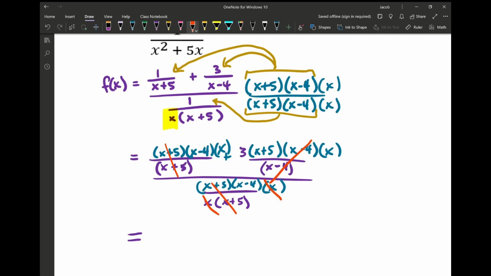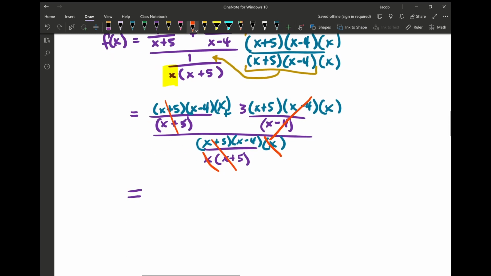So now that I have all these denominators divided away, I don't have a crazy complex fraction anymore. I just have a single polynomial in my numerator and then a polynomial in my denominator.